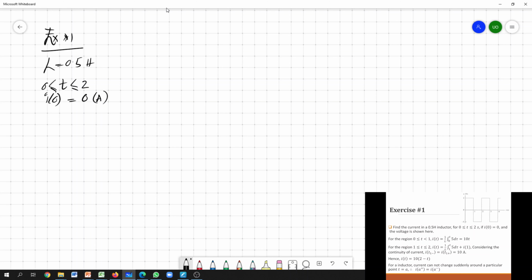So if I draw the pattern, it's something like that. This is 1, this is 2, this is minus 5, this is plus 5. This is the voltage variation.